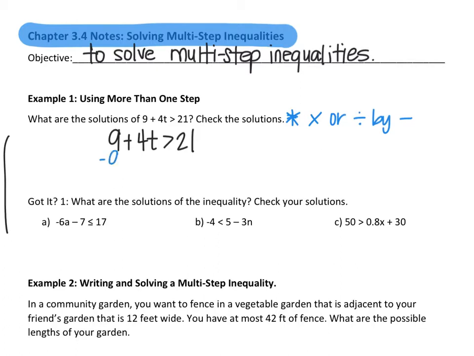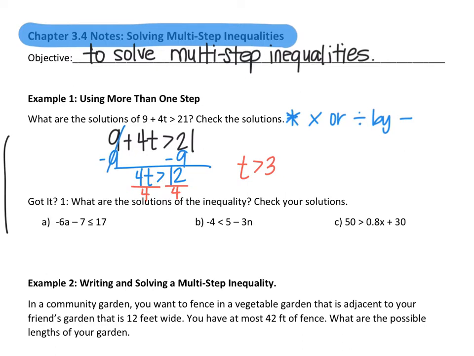Okay, so I'm going to subtract 9. And I get 4t greater than 12. Divide both sides by positive 4, so I keep my inequality, t greater than 3. That's my answer.